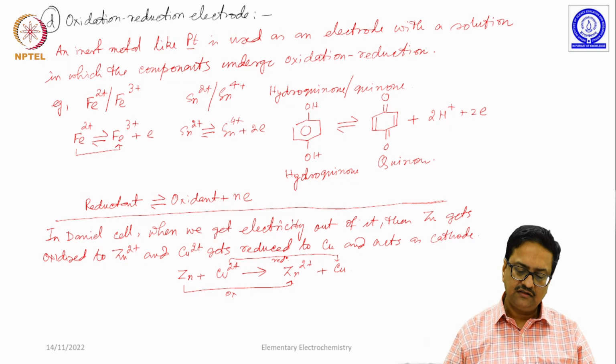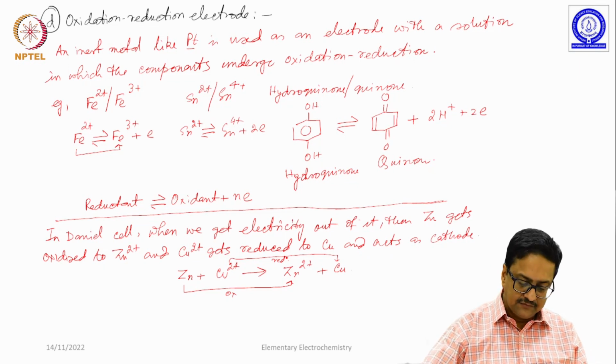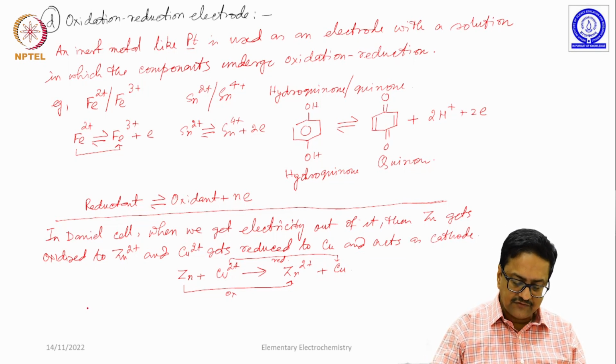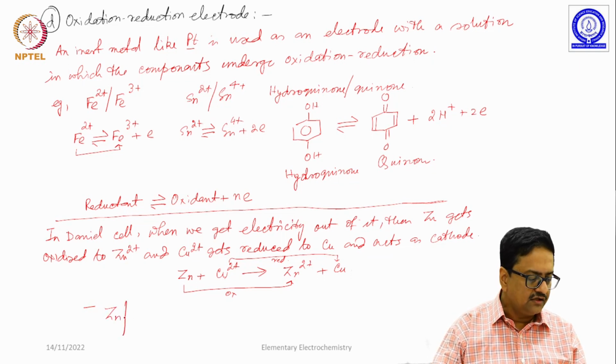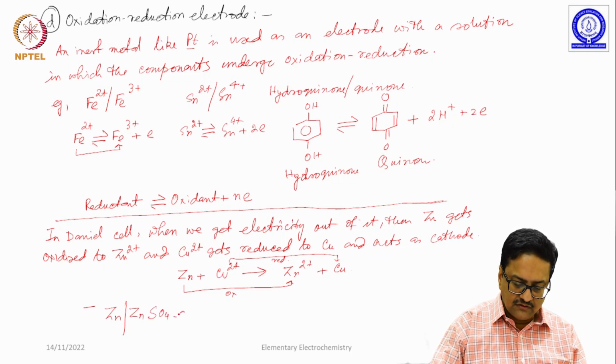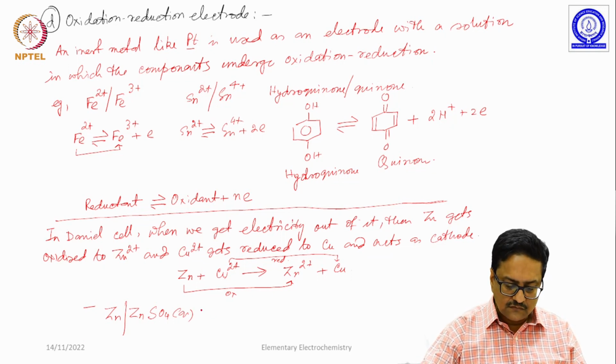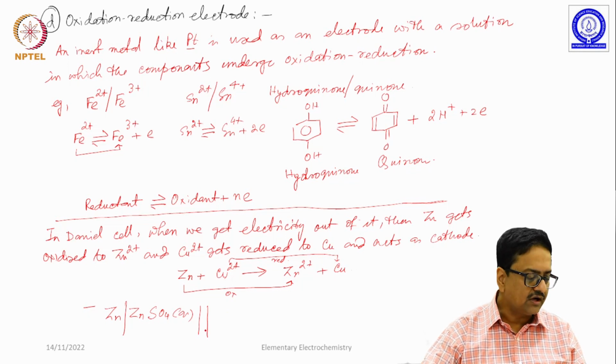If you try to write this cell in one line, one should write the negative electrode, that is the anode, on the left hand side, which is Zn in equilibrium with ZnSO4 aqueous, and it is kept in isolation but through a connection, which I will explain in a future lecture.